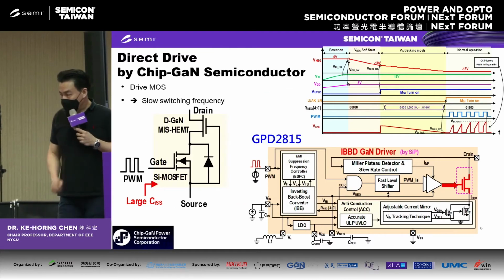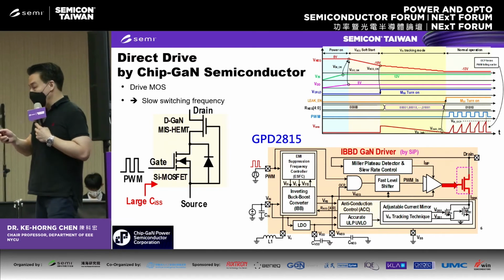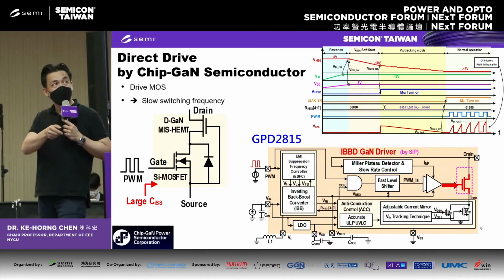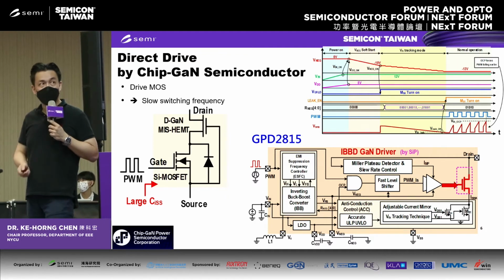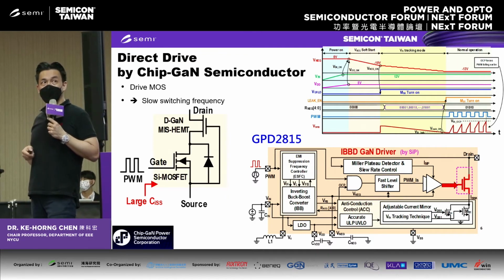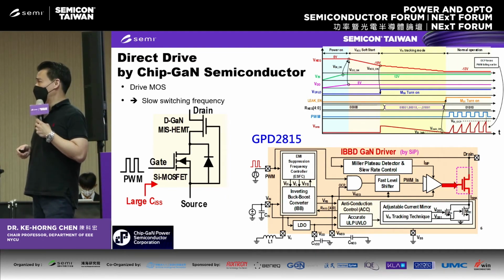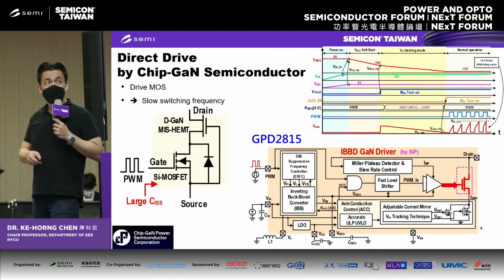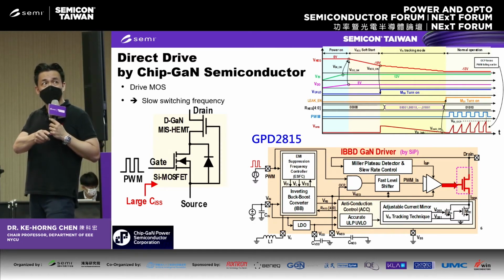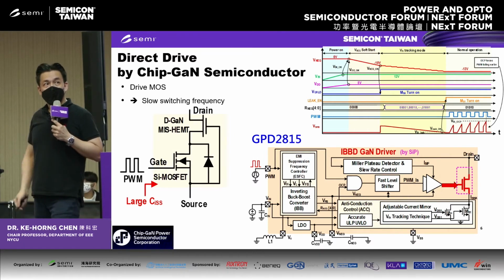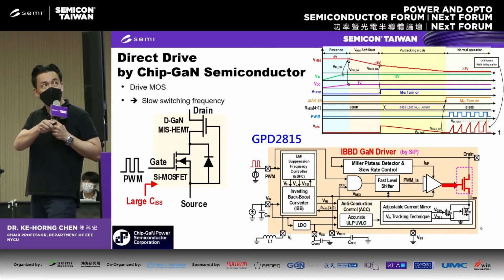So a new startup company, ChipGaN Semiconductor, provides another solution to improve the TI product. The part number is GDP2115. The product provided by ChipGaN Semiconductor uses smaller current sensing.